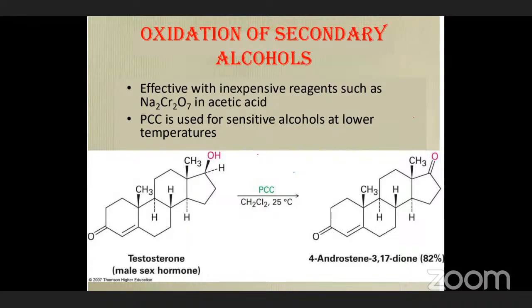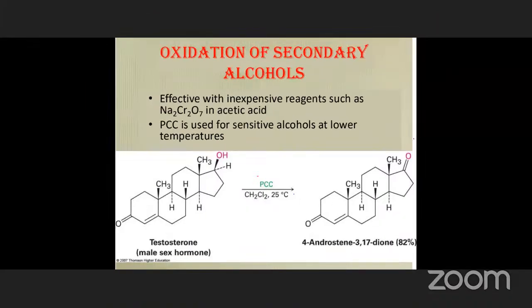So here you see an example. It has been distinctly colored.